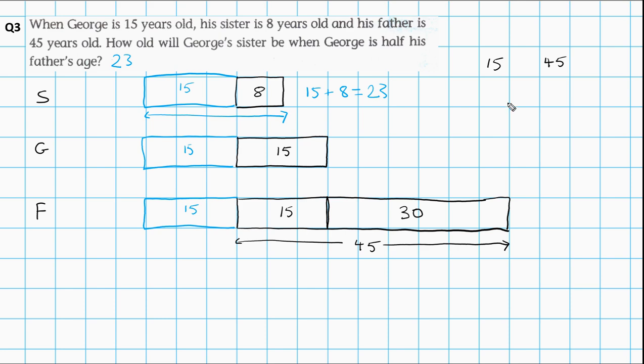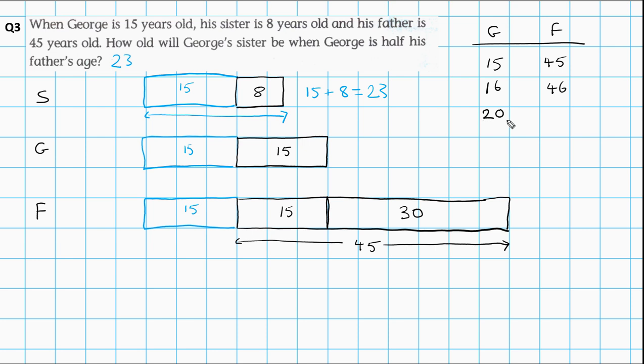We want to keep adding years until we get to a situation where George is half of George's father. So for example, if I add 16, this is going to be 46. I'm still a long way off George being half his father's age. So I'm actually going to jump up in increments. It's going to be easier to go in fives, and then I can adjust.